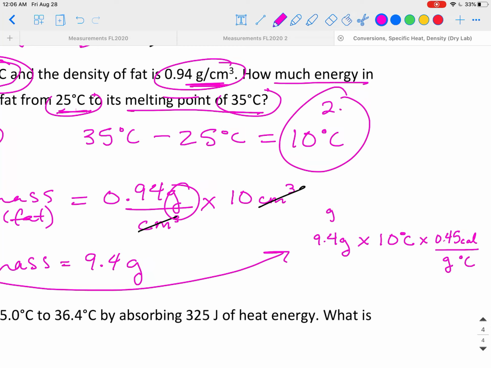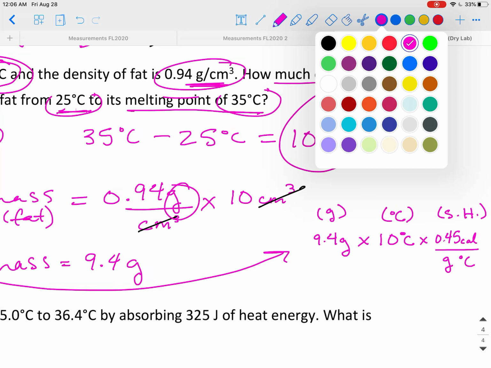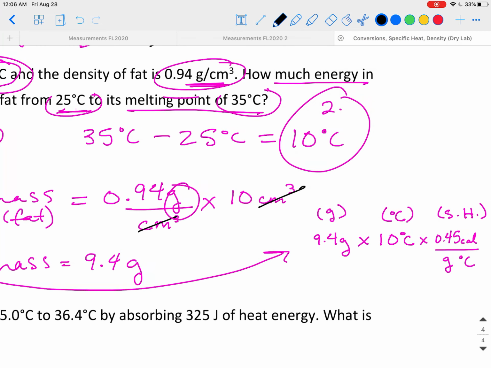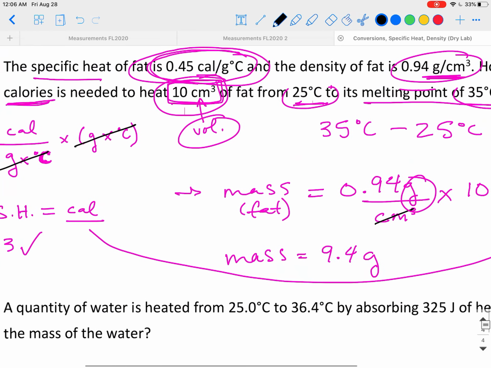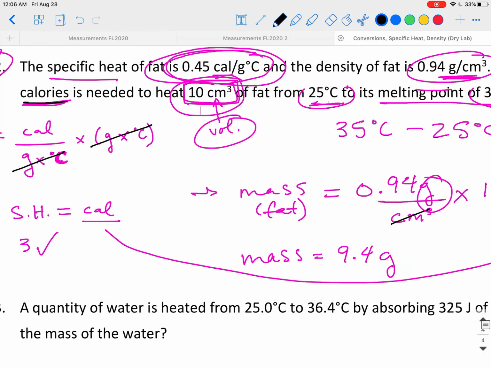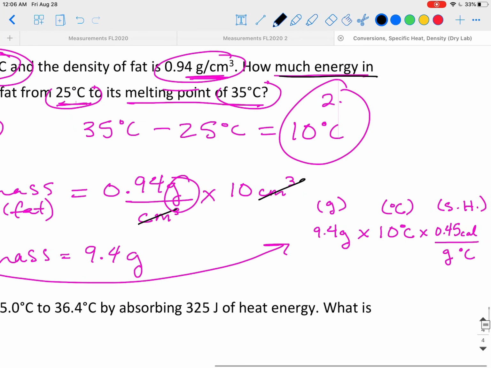So this was our mass, this was our change in temperature, and this was our specific heat. Now, do the proper units cancel? Because we need to be left with units of only calories. That's what the question was asking for: how much energy in calories? So let's double check that. Grams cancel because I have them on top and bottom. Degrees Celsius cancels. And the only one I'm left with is, yep, calories.